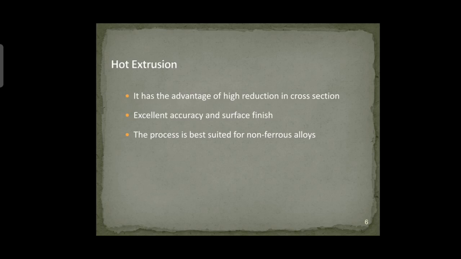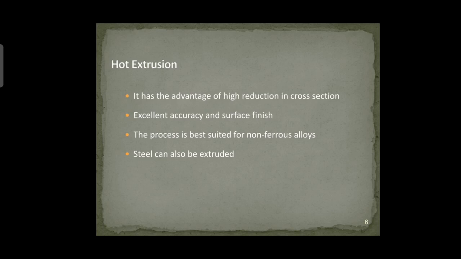We can also produce steel, or steel can also be extruded here, but the application of pressure should be more. And one more thing is we can produce not only solid sections or round bars, we can also produce hollow sections. Not only hollow, we can produce any type of shapes.